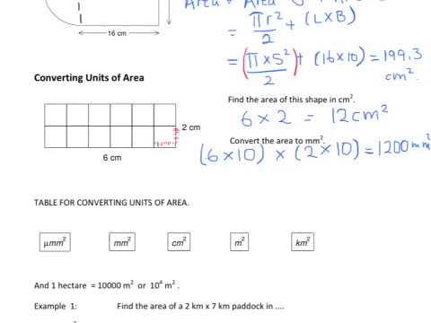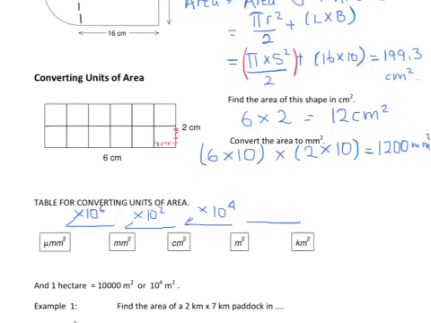So that means when we come to look at the table for converting units of area, what we've just looked at is this one, converting centimetres squared to millimetres squared. It's multiplied by 100 or multiplied by 10 squared. So all of these conversions, because we are now looking at square measure, it's the square of the linear measure.